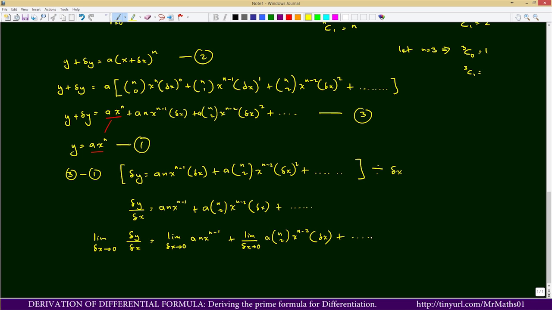On the left hand side, the limit as delta x approaches 0 of delta y over delta x becomes the differentiation expression, which is dy dx.